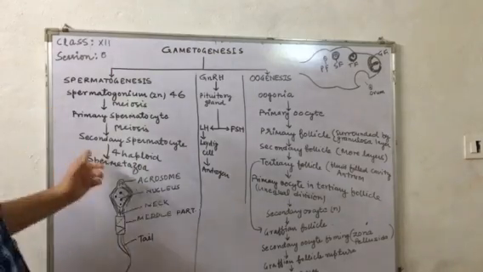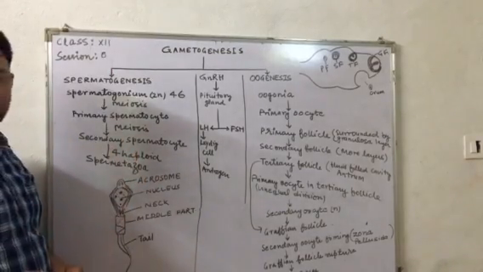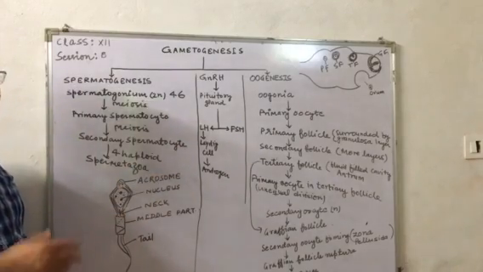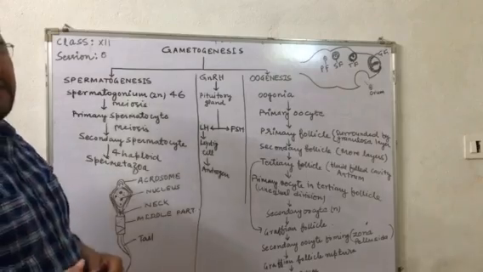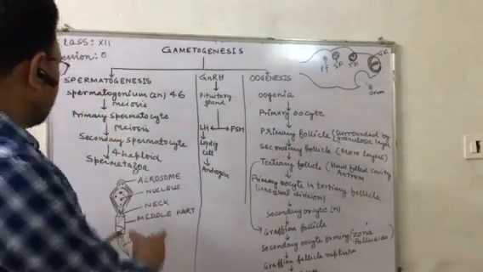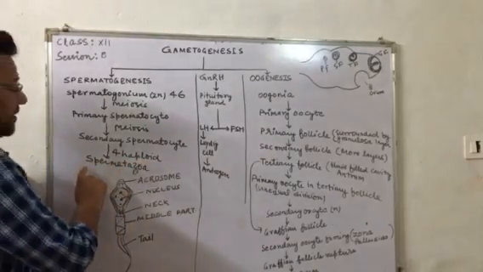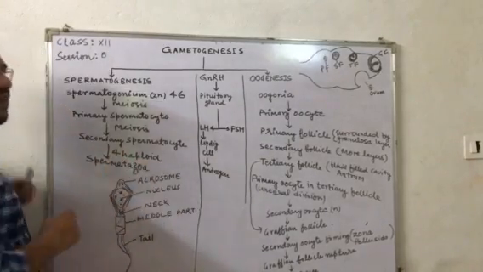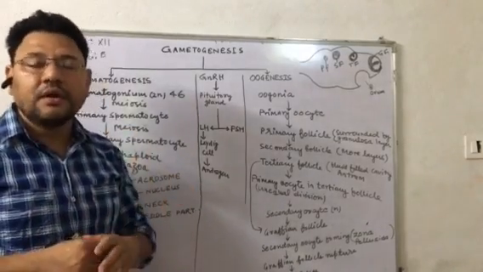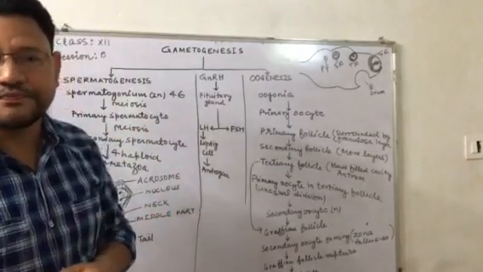Finally, this secondary spermatocyte undergoes reductional or meiotic division, and as you know, in meiosis there will be generation of 4 daughter cells. So here also 4 haploid spermatozoa will be formed that will develop soon into the sperms.